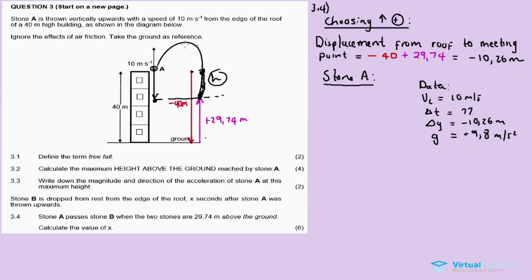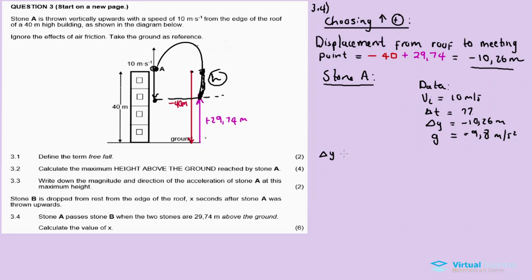The path traveled by stone A, this curve, is called the distance. There's a difference. This path is its distance, and then the displacement is from the edge all the way up to here, which is represented by negative 10.26. It's negative because the downward direction is a negative direction. And then substitute, so we use which formula?